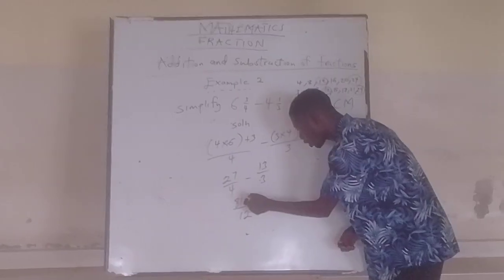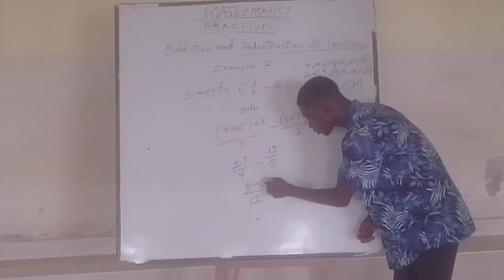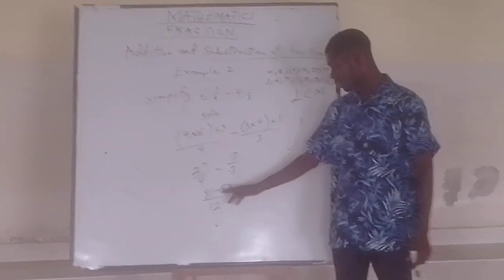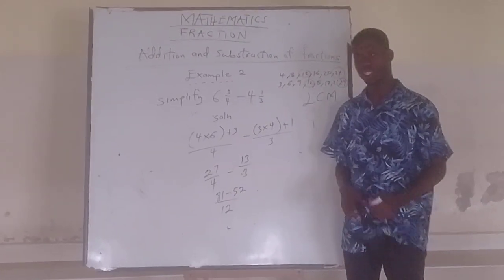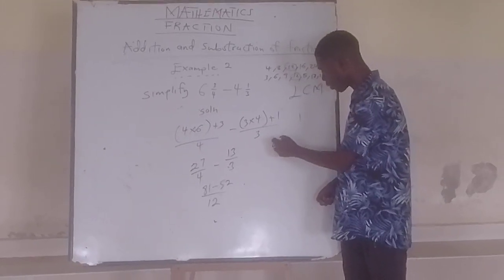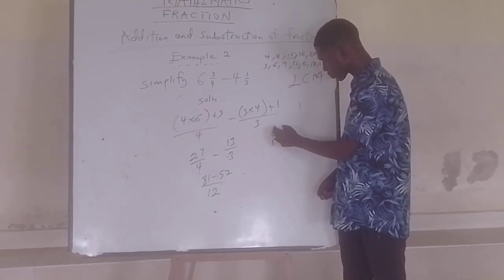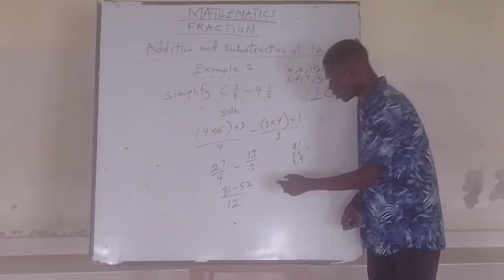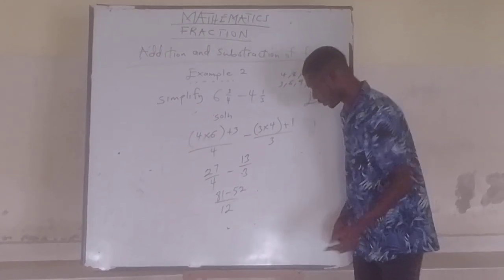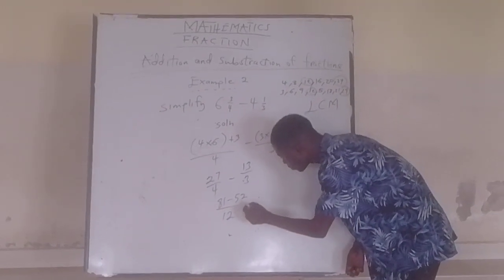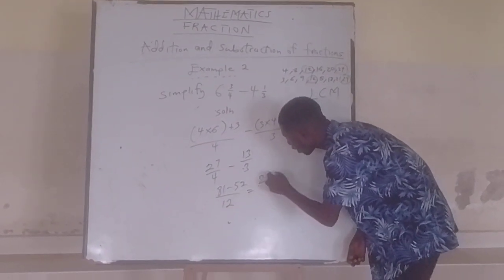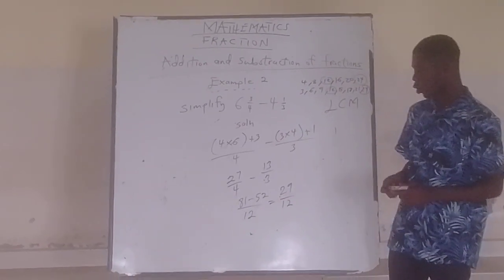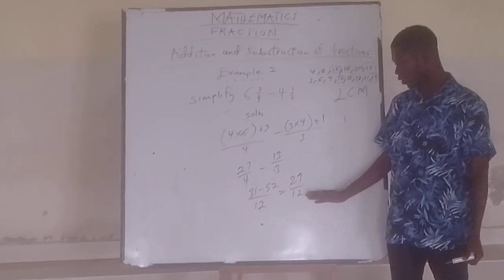Now you subtract the 52 from the 81, right? 81 minus 52. So you get 29 over 12.